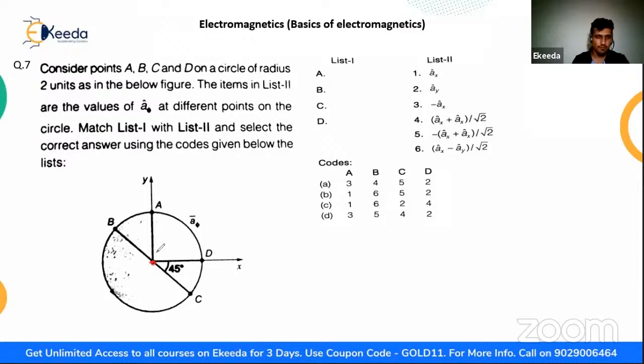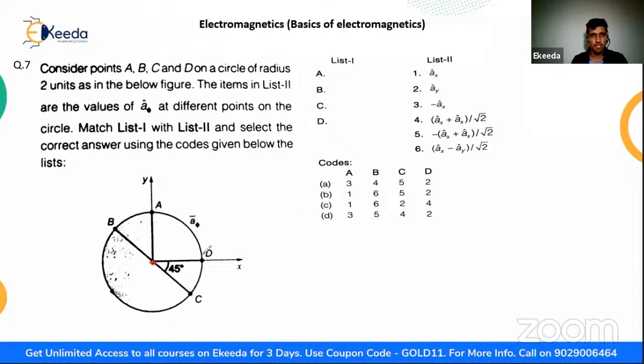You have to determine this phi in terms of x, y, and z. There is one method which is very illustrative, a visualizing type of method, and the other is the standard method which we will derive later.